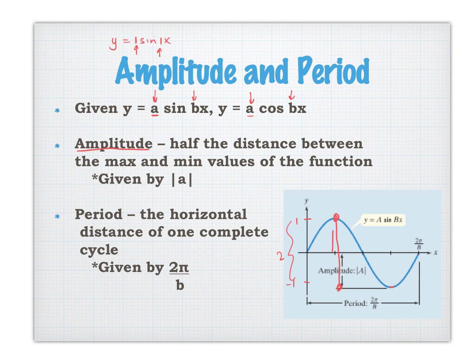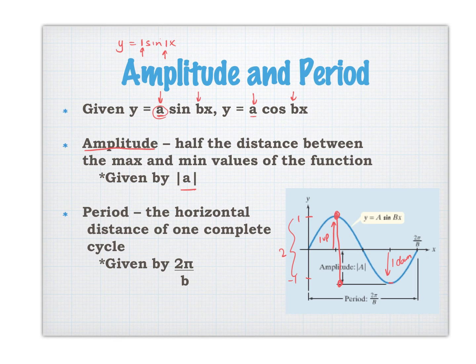I'm going 1 up from this baseline and 1 unit down from the baseline. So the amplitude is half of the distance from the highest point to the lowest point vertically, and we find it by taking the absolute value of a. Whatever a is, you take the absolute value of it, and that's your amplitude.